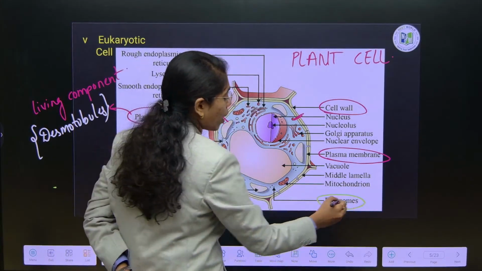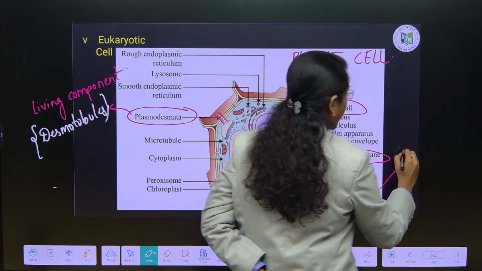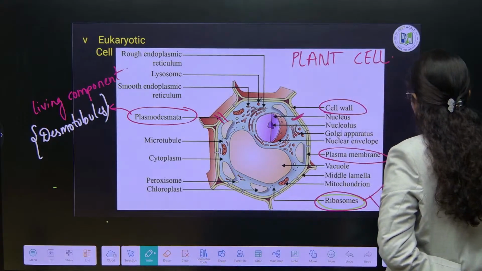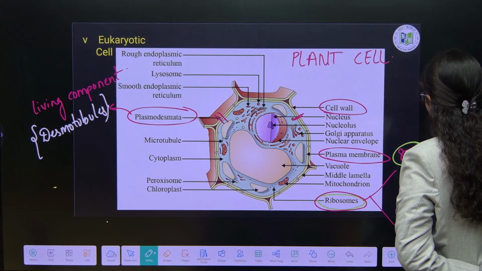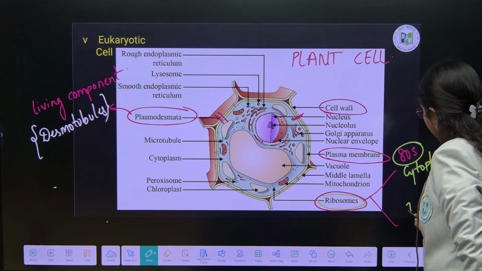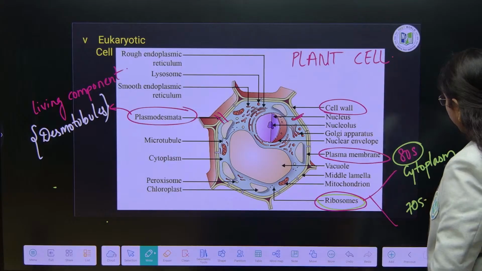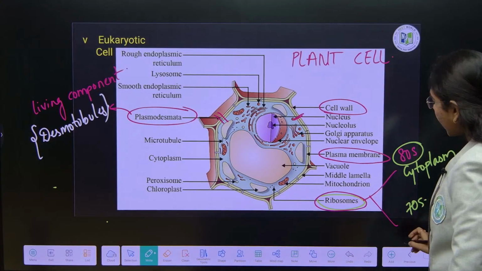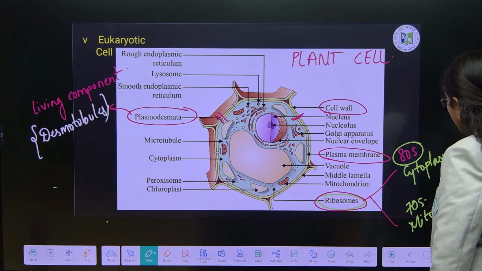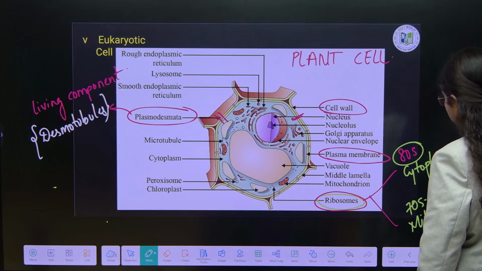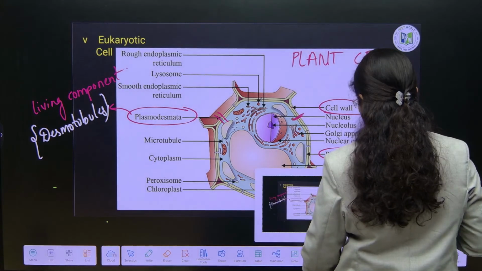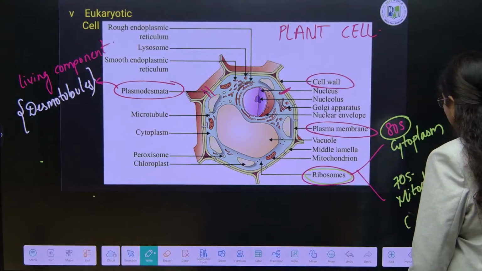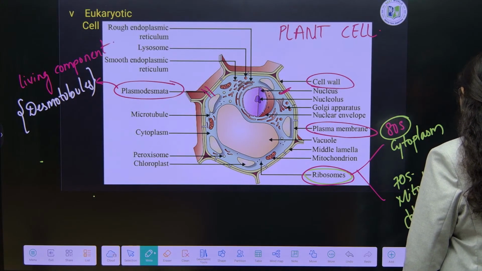These ribosomes are of two types in a plant cell. 80S type of ribosomes are observed in the cytoplasm of a plant cell. 70S type of ribosomes are present inside the mitochondria and chloroplast. Be clear on that note.